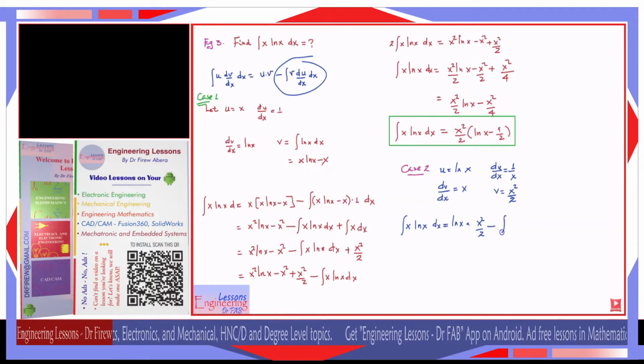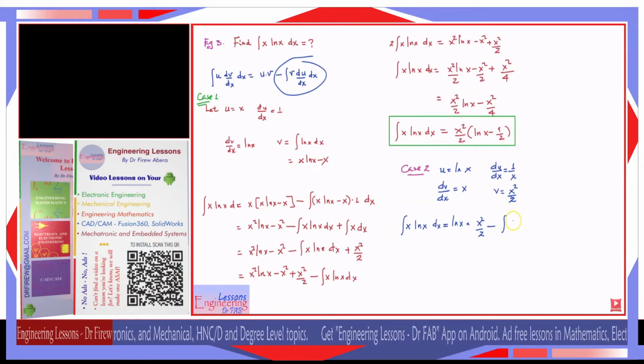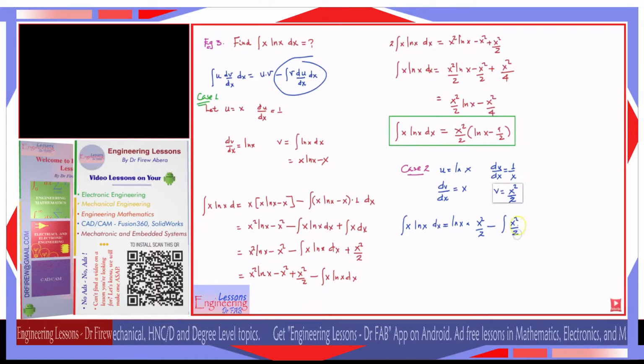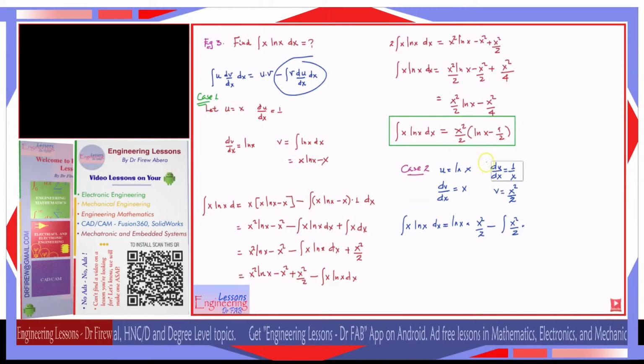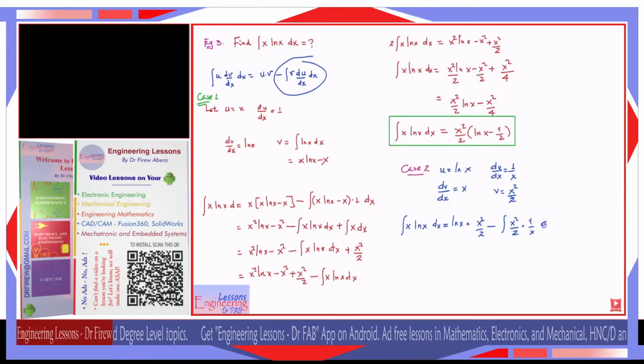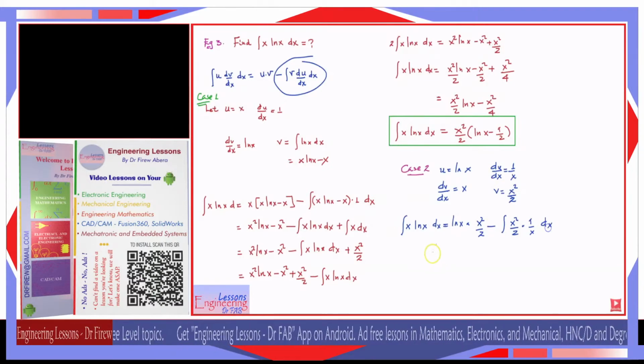So the integral of v, which is x squared over 2, times du by dx, which is 1 over x, dx.